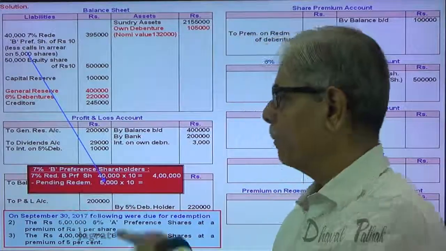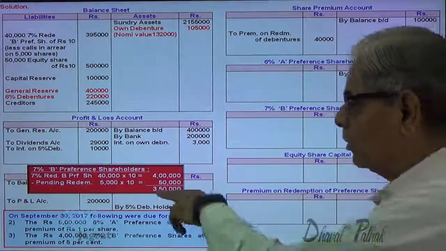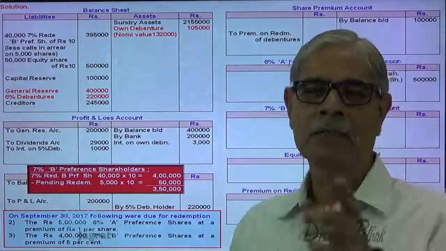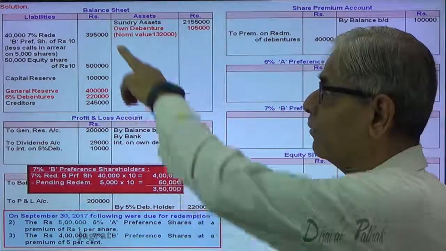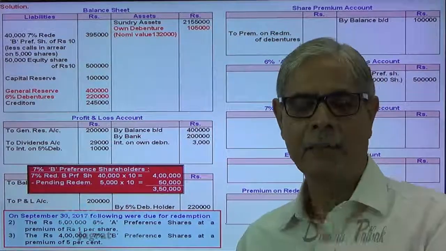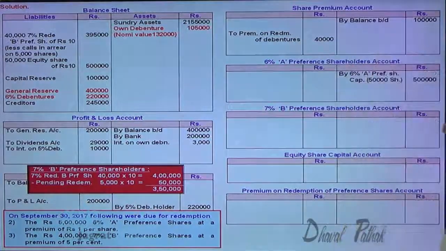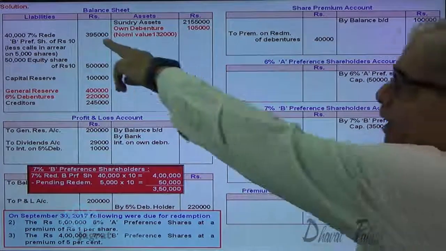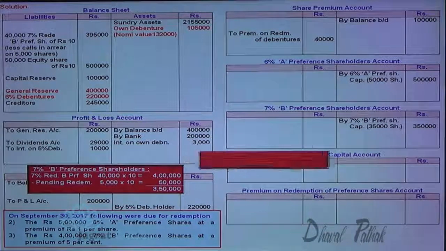So total pending redemption is 50,000. So 3,50,000 out of this 3,95,000 will be transferred to preference shareholders account and 45,000 liability will remain, and that will be redeemed on the payment of calls in arrears.